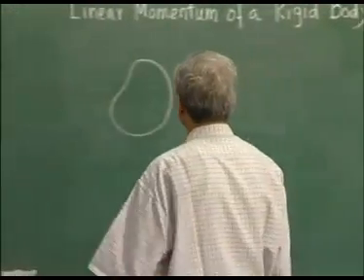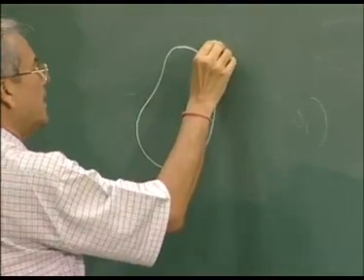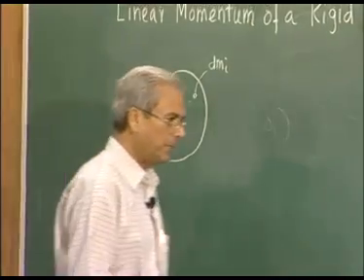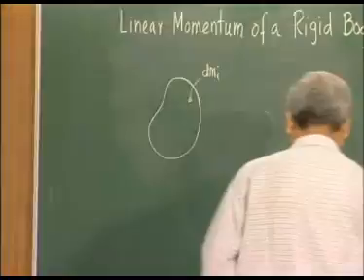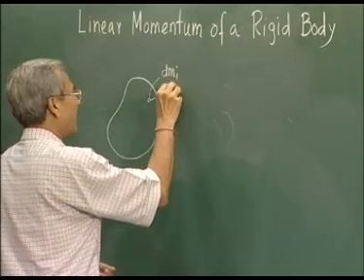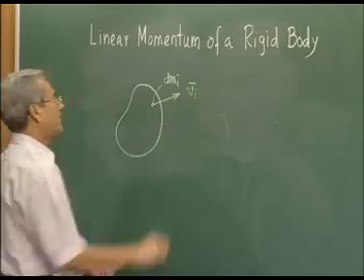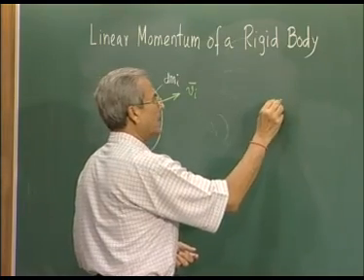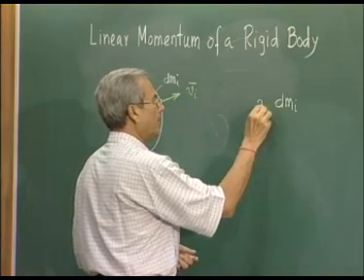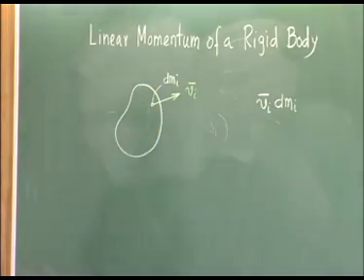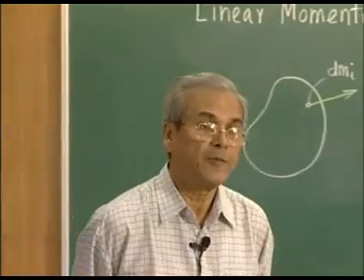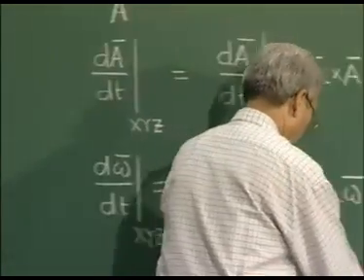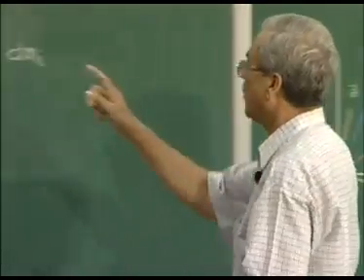So, we can consider just one such infinitesimal mass, say dmi, and if its velocity be vi, then the linear momentum of this particle is simply dmi vi, and if we sum up this quantity for all the particles constituting the body, we will get the linear momentum of the rigid body.